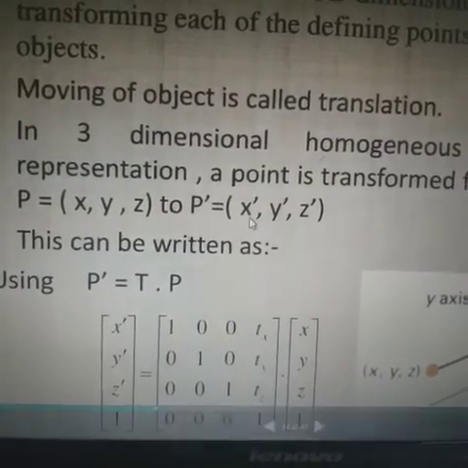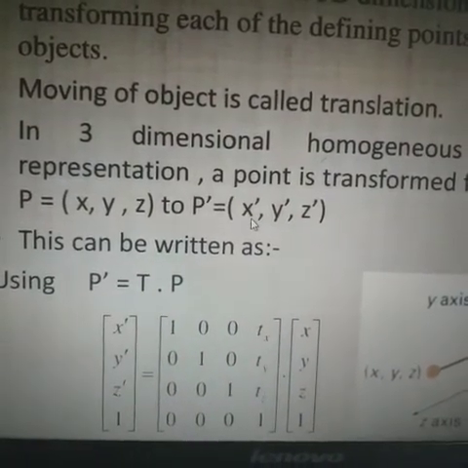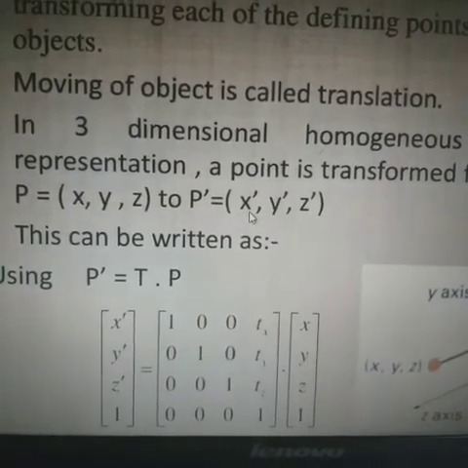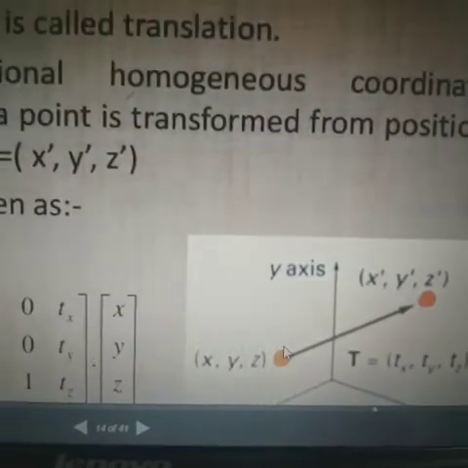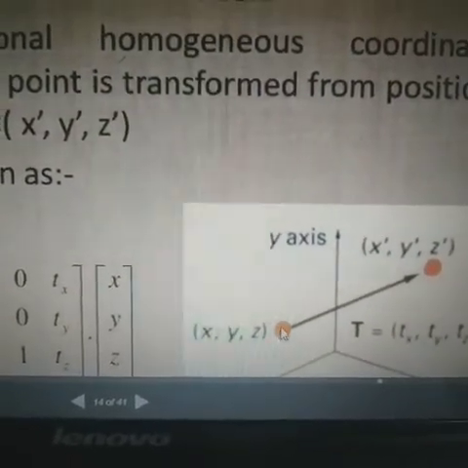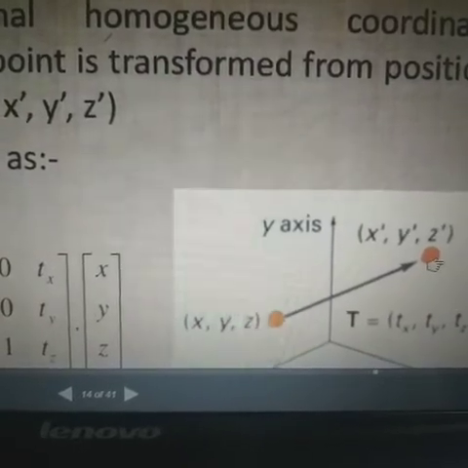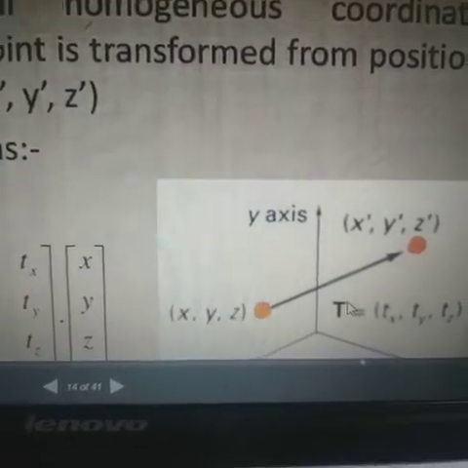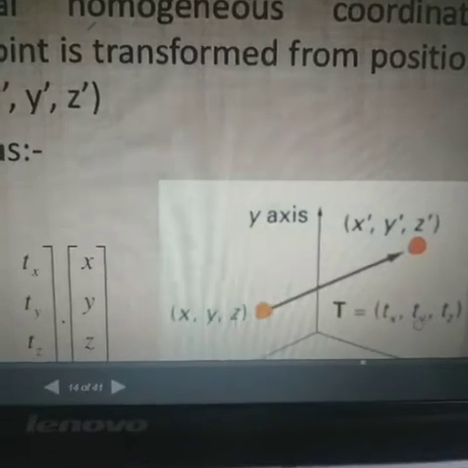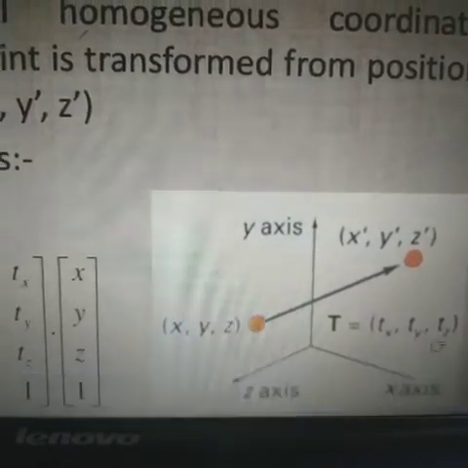With the new location we have the new point, represented by x dash, y dash, and z dash. For example, we have the coordinate system like this. We have the point x, y, and z. We want to translate this to another position like this.